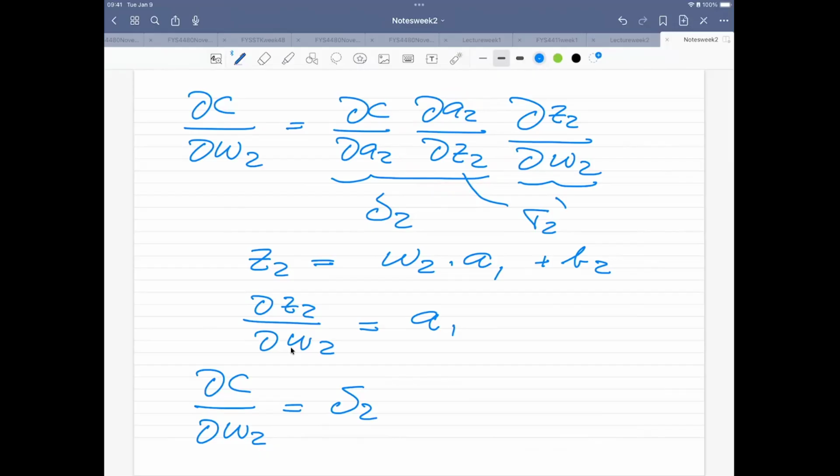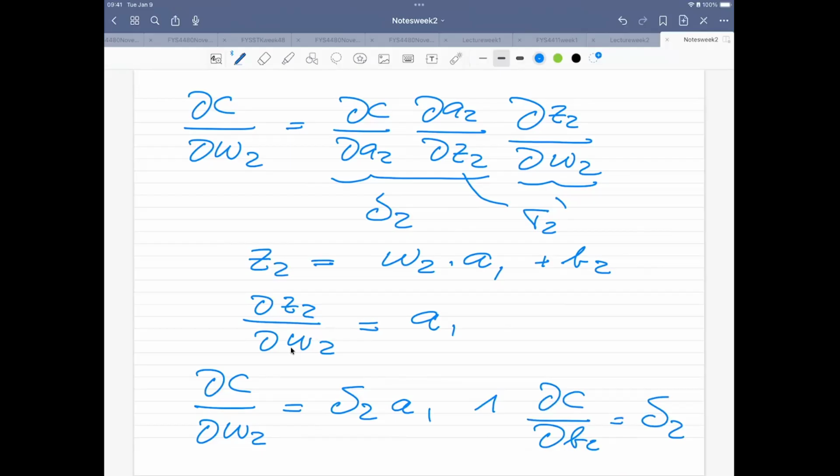Then, so this would be A times A1, and then it's pretty easy to see that dC/dB2 is just going to be given by this delta 2, because Z as a function of B2, when you take the derivative, just gives us 1. So that's the first derivatives which we need.